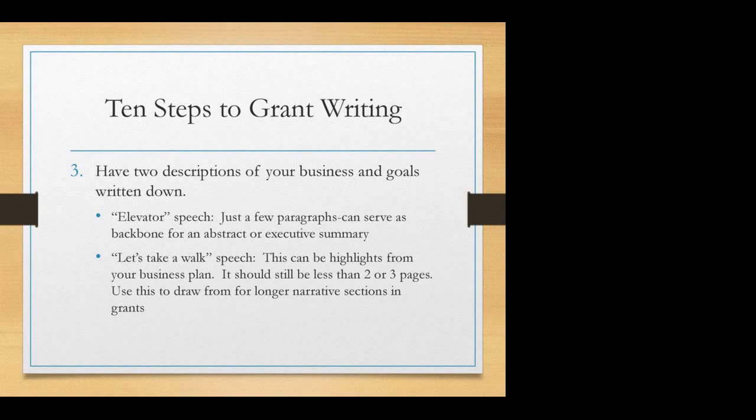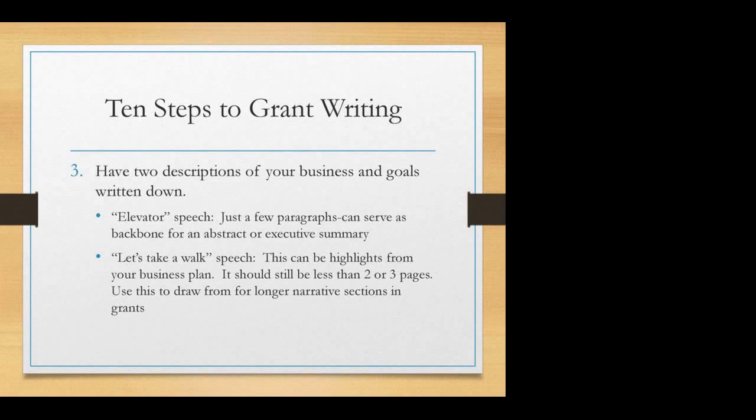This is going to serve as something to take when grants say, give us a summary of your project, give us an abstract of your project. This may not be specific enough for their funding, but it's a starting point, so you don't have to start cold every time, because the hardest thing about writing, for me and probably a lot of you, is getting started, writing that first word.